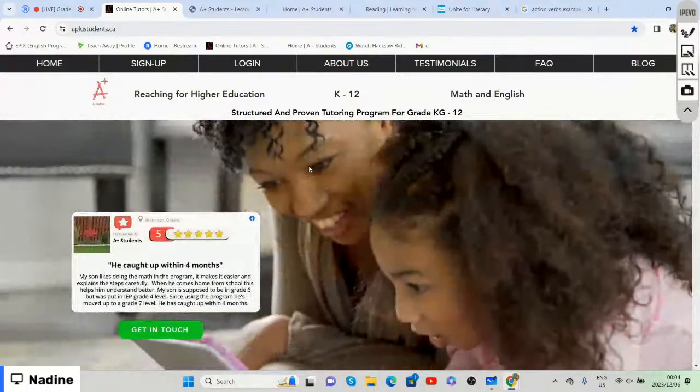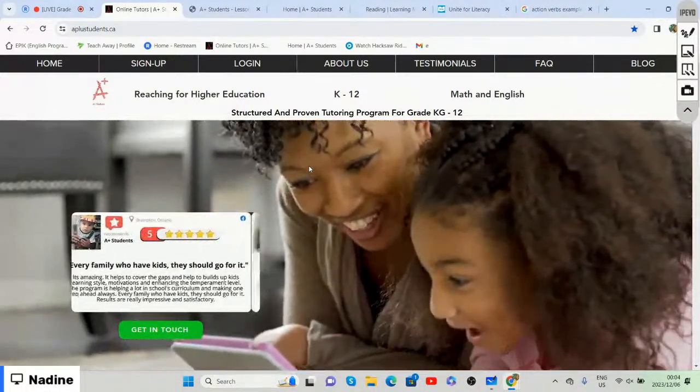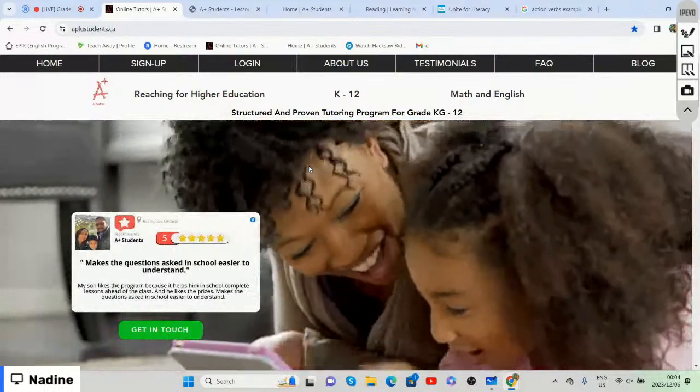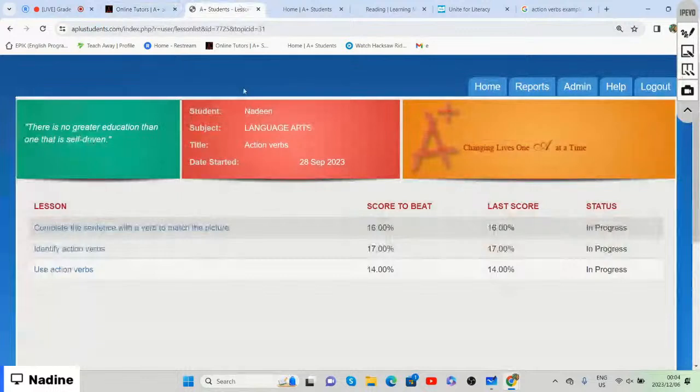Once you have selected it, you're going to scroll down until you get to the chapter of action verbs.